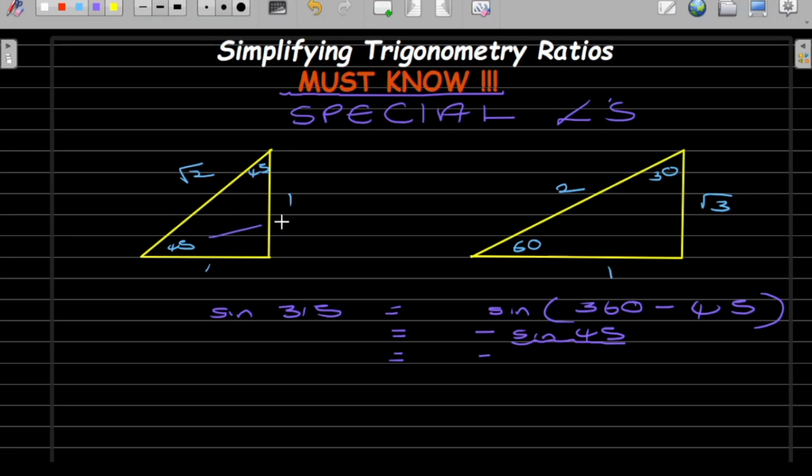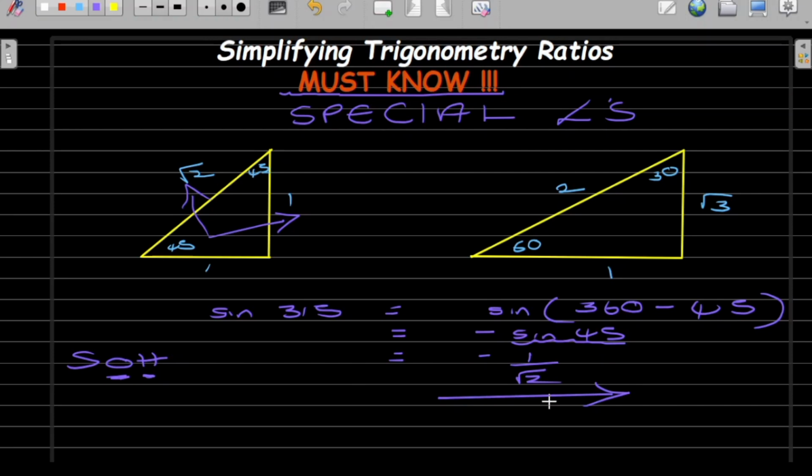Sine is equal to opposite over hypotenuse. So what you're going to have there is 1 over root 2. This is what sine 315 will be equal to, but don't forget to say minus, right? So this will be your answer.